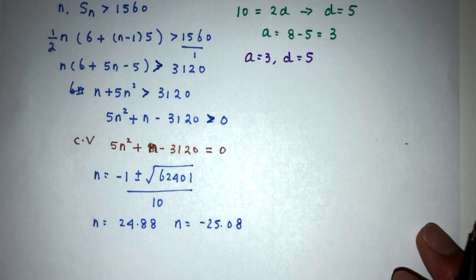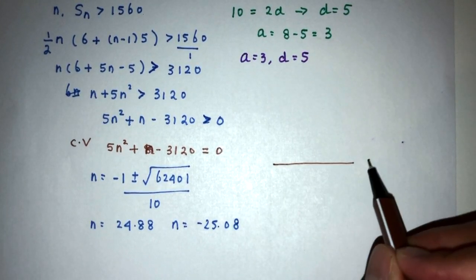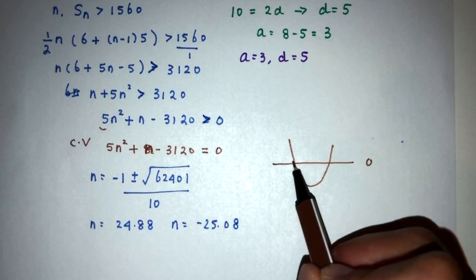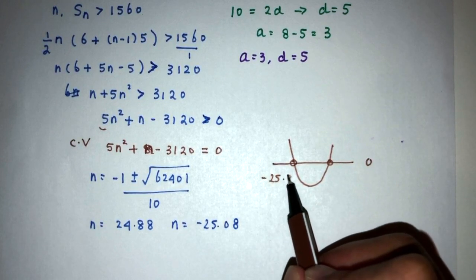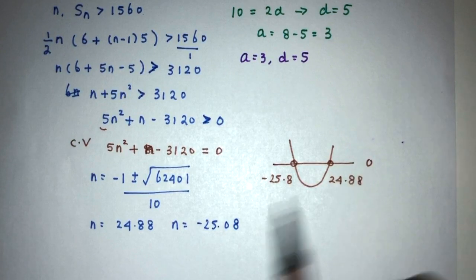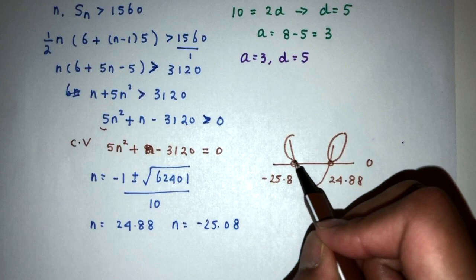Basically, we have to first obviously draw the line of 0. The graph shape will be in this direction, and here we have the 2 points. This is the first point, minus 25.8, and this is the value of 24.88. More than this will be this and this.